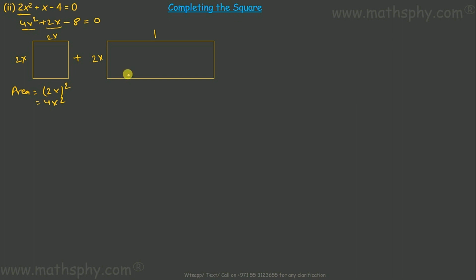Now to do that, I split this rectangle into 2 like this: this side remains as it is, 2x. This will become 1 half, 1 half. So from this rectangle I have 2 smaller rectangles, equal sized, 2 halves. Now this is my actual square in the beginning, 2x, 2x.